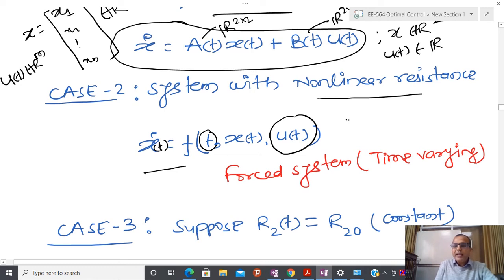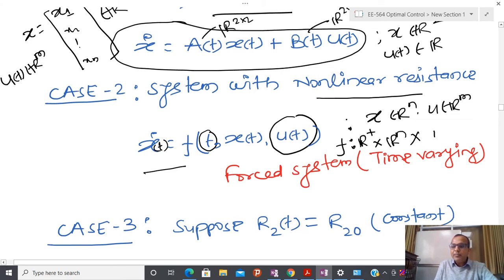And here for generalization again x belongs to Rn, u belongs to Rm, and this function, now whenever we are talking about a system that represents a function, I am telling that t I am going to select from positive time, x I am going to select from Rn, this is a Cartesian product, and Rm, and that maps to Rn.